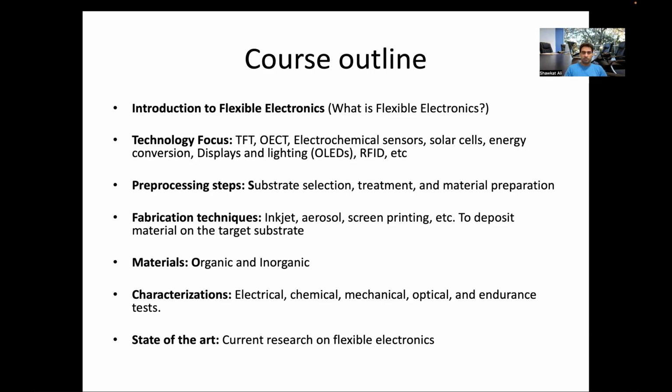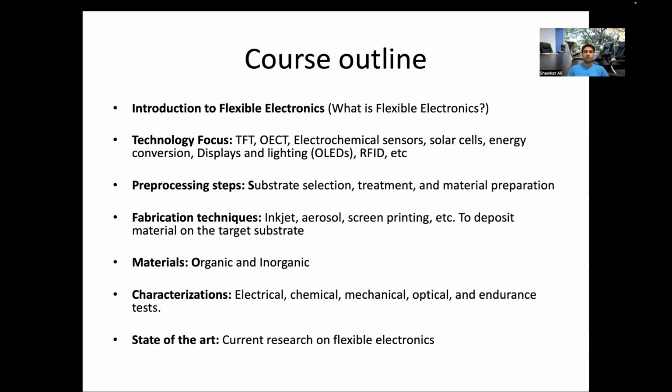These are the technologies, and then we are going to see how we can prepare material and substrates to fabricate the devices. So processing steps will be going through substrate selection, treatment, and material preparation. After we learn about the processing, we would go for the fabrication techniques.